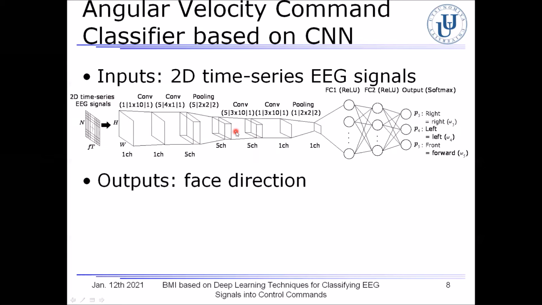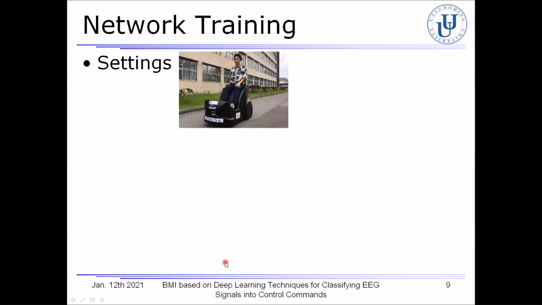Thus, the user's intention, to move the PMR in the right, left, or forward direction, is estimated from the face direction with the highest probability. And depending on the estimated intention, the discretized angular velocity command omega 3, 4, or 5 is determined as the output.